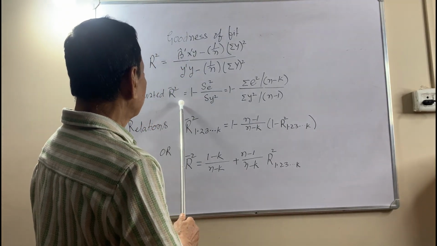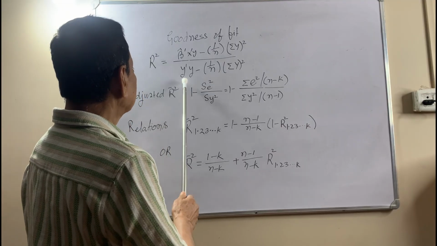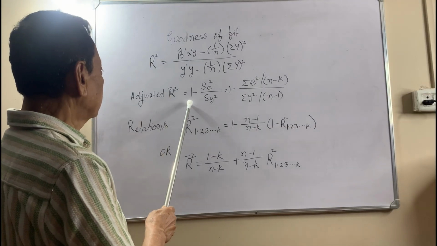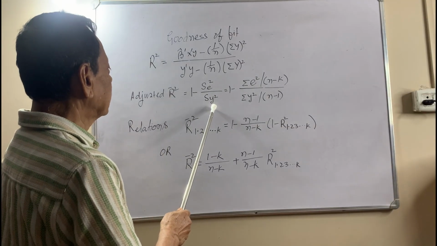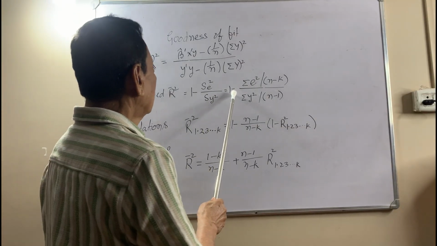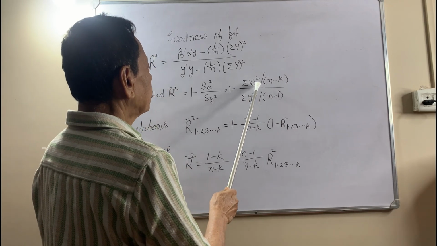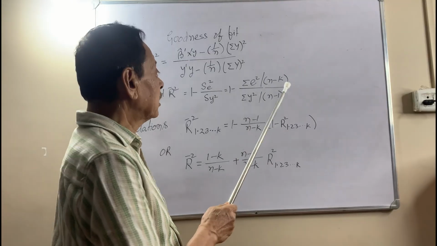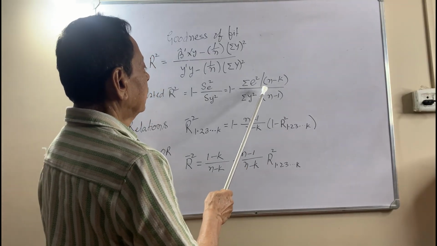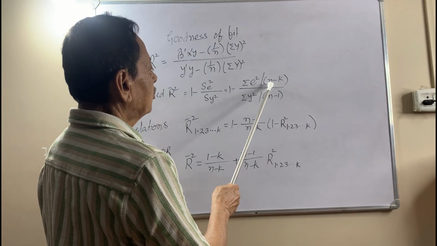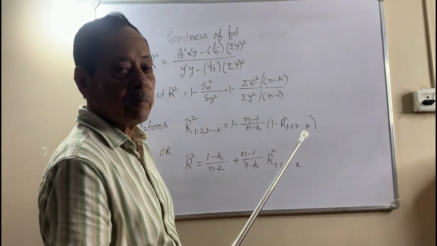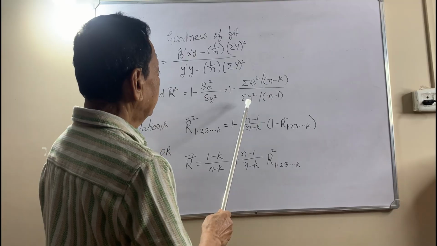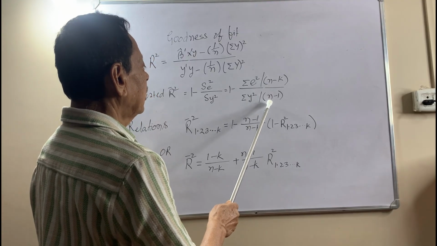Now adjusted R square. The R square is often adjusted. So 1 minus S square by S y square is equal to 1 minus summation e square divided by n minus k. This is the sum of the squares of the error term divided by the number of observations minus the number of variables, divided by summation y square divided by n minus 1.